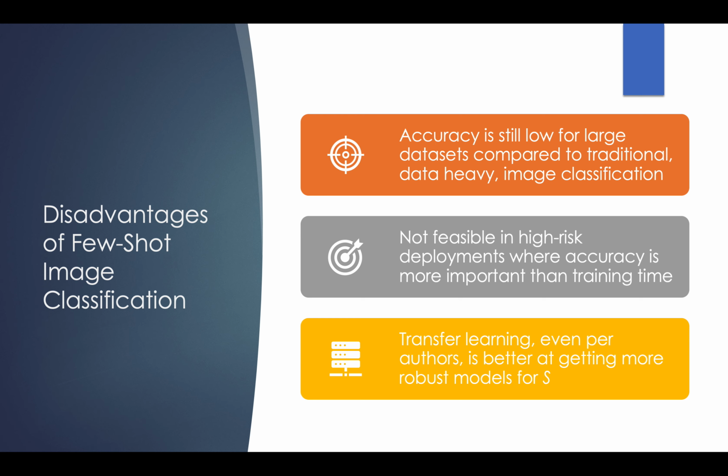So some additional disadvantages. The accuracy is still perhaps lower for large data sets compared to traditional heavy data sets for image classification. You can see in the MAML paper that although MAML does really well in data sets that don't have a lot of very different features, like a handwriting data set, if you throw ImageNet at it, it does very poorly.